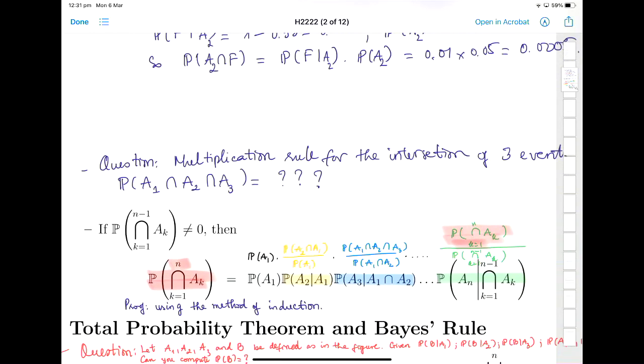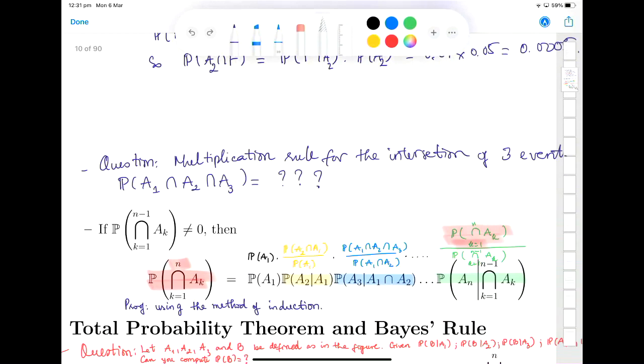You can compute the probability of the intersection of AK for k from 1 to n as the product of the probability of A1, times the probability of A2 given A1, then times the probability of A3 given A1 intersect A2, and up to AN given the intersection of AK from 1 to n minus 1.